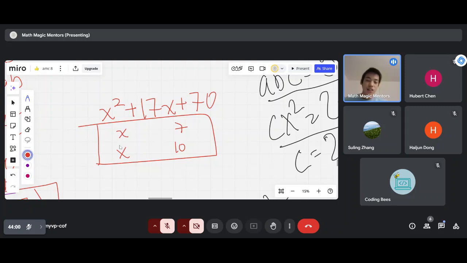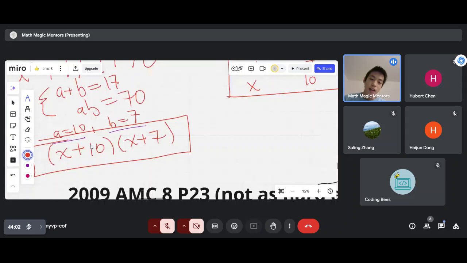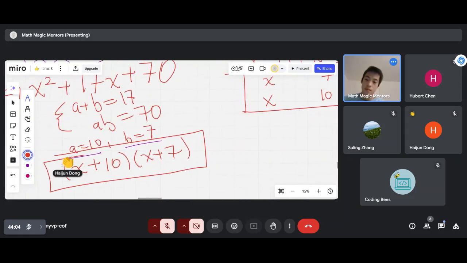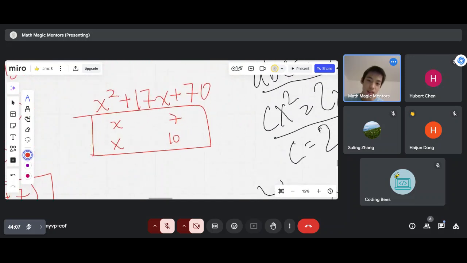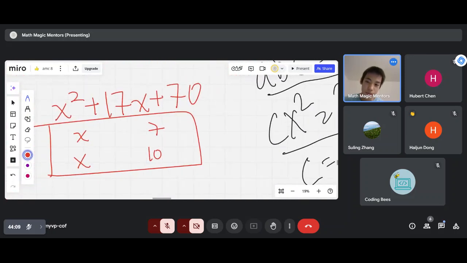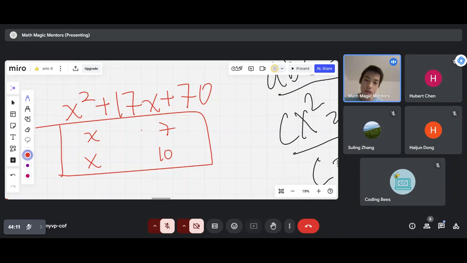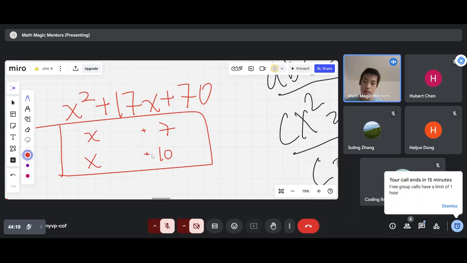If you write the factor form, x plus 7 and x plus 10, whenever we don't have a sign, we're just going to assume it's positive. So x plus 7 and x plus 10.